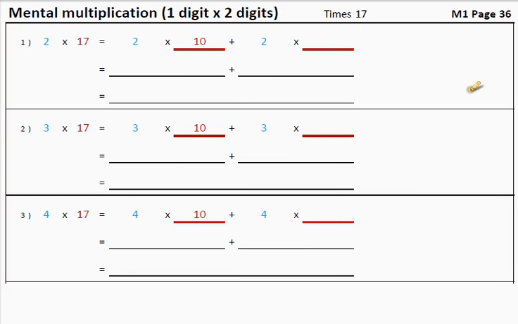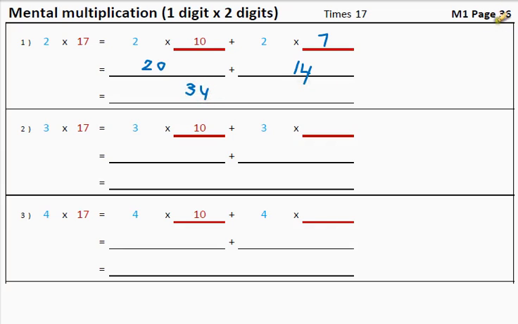Now times by 17. At this stage I think you'll be able to do this on your own. Pause the video now and try to do this on your own. So it was 2 times 10 plus 2 times 7. Yes, 2 times 10 is 20. And 2 times 7 is 14. 20 plus 14, 34.